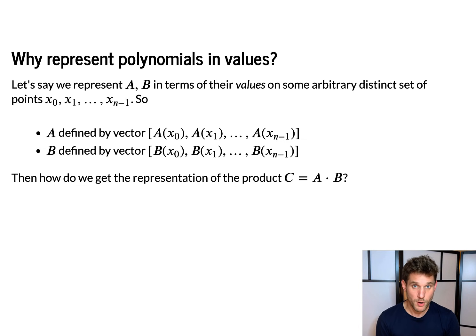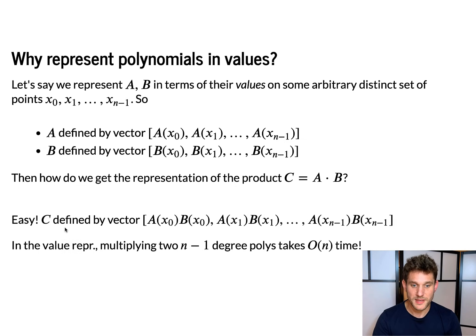Now I want to compute the product of polynomial A times B, let's call that C. This is the product of 2 polynomials, but I'm interested in C represented again in the values it takes at these points. It so happens that we can now define C by this vector of values, which is just A of x0 times B of x0, comma, A of x1 times B of x1, comma, dot dot dot, A of xn minus 1 times B of xn minus 1.